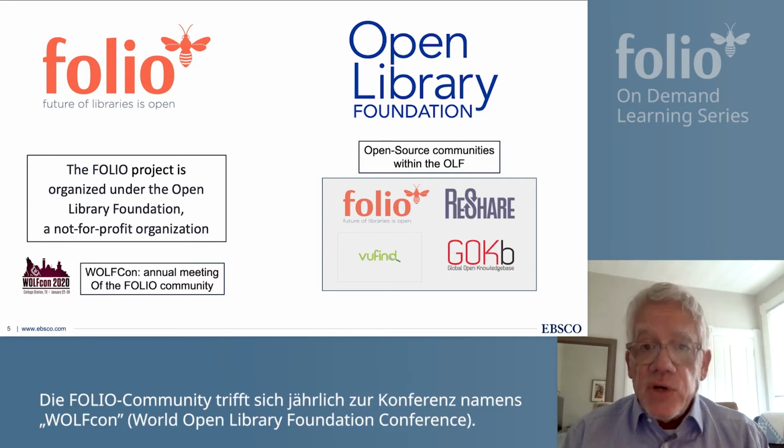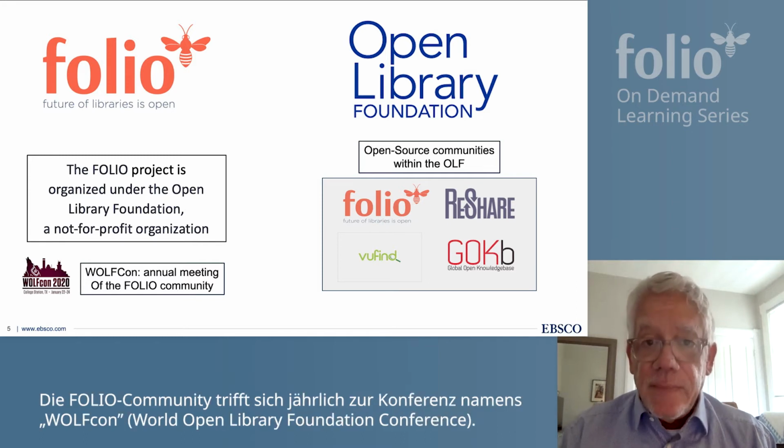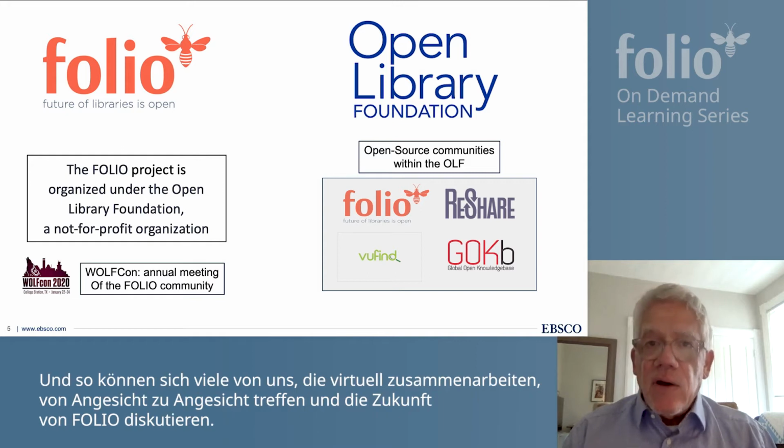The Folio community meets annually at a conference called WolfCon, the World Open Library Foundation Conference. And so that allows a lot of us who work virtually together to meet face-to-face and discuss the future of Folio.